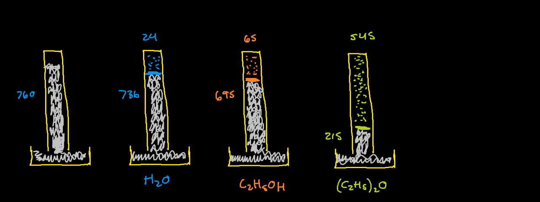Here is a column of mercury at standard atmospheric pressure. When I inject some water into it and it floats to the surface because it's less dense, I'm going to notice that the column of mercury is going to decrease.